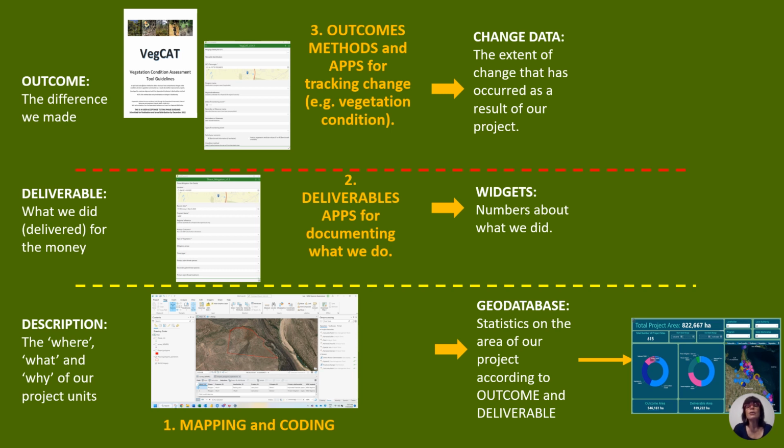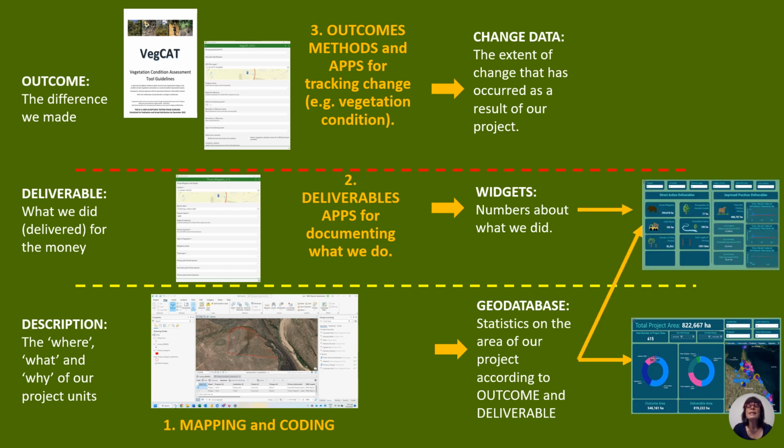That is just the what, where, and why of the projects. Even the second page of the dashboard that I showed you is generated simply from the deliverables apps, which are very, very simple to use. They cost virtually nothing. You have them available, and it's simply a matter of being a little bit more diligent in filling the app in when the works are undertaken.